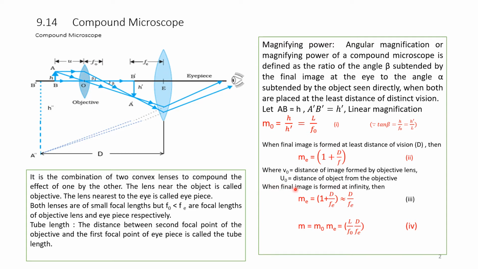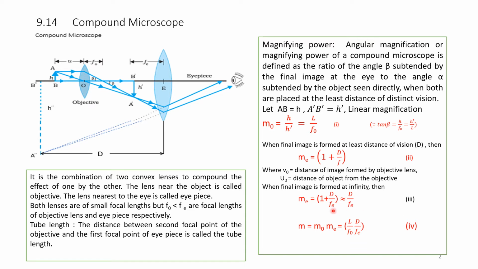Therefore, when the final image is formed at infinity, the magnification of the eyepiece is given by 1 plus D by Fe. But since the image is formed at infinity, we can neglect this 1 and take only D by Fe, because D is very large. Therefore, the magnification of the eyepiece is given by D by Fe. Let it be equation number 3.